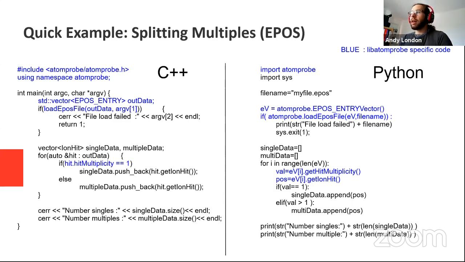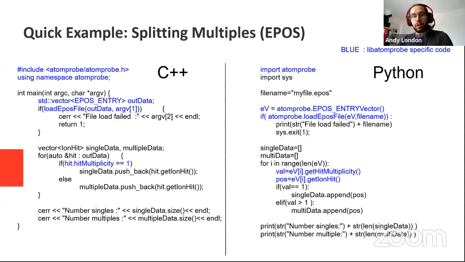In Python, like we showed, it's very straightforward. You just import AtomProbe, then you use these language-specific bindings in Python, and this gives you Python-typed variables, which you can use however you want in native Python or with pandas or NumPy, whatever you want to do with that. So we enable you to get the data.